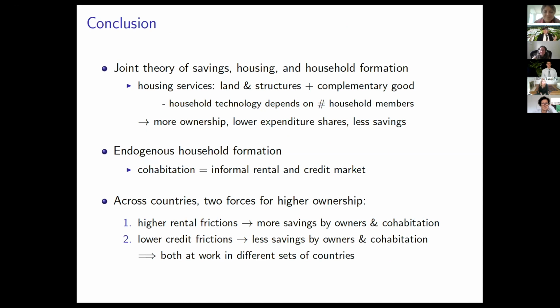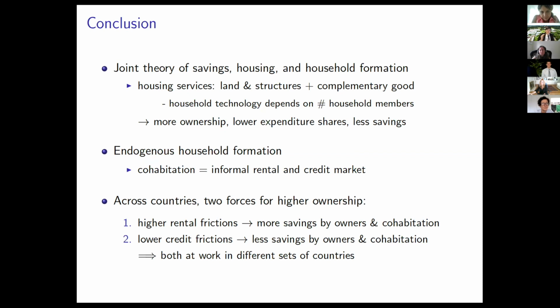So what we did in this paper is develop a joint theory of savings, housing, and household formation. The key new element we bring to the table is that we take a closer look at this production of housing services at the household level. In order to enjoy household services, people need both land and structures to live in, but also utilities and furniture in order to be able to enjoy their houses. The importance of the two kinds of goods depends on the number of household members.